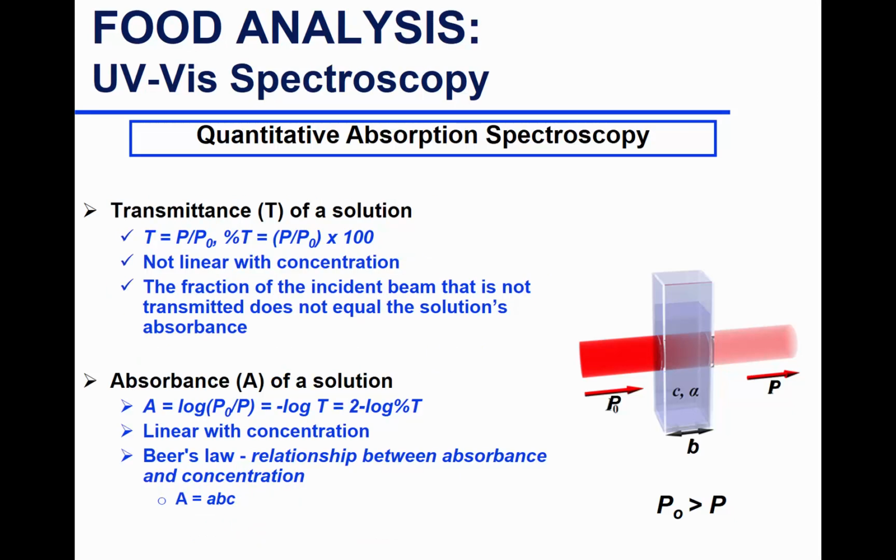So the transmittance is basically a ratio of the transmitted light, or the exit beam, over the incident beam. And percent transmission is that value multiplied by 100. Like I said, there is no linear relationship with concentration.